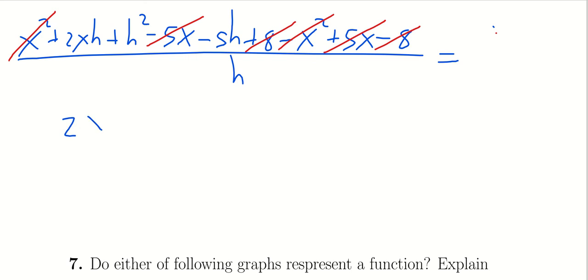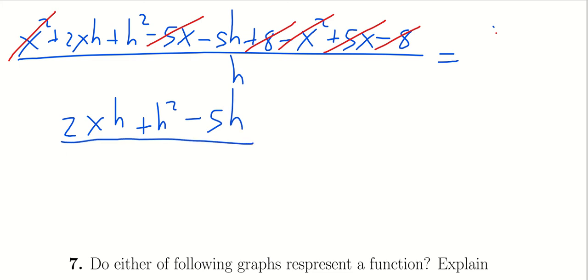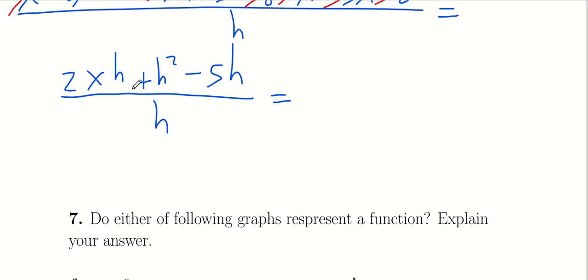That leaves us with 2xh plus h squared minus 5h, all divided by h. Now at this step, there are no more like terms to combine, but if we look at the numerator, all of those terms have a common factor of h. And that means it's a GCF, so we can factor it out.